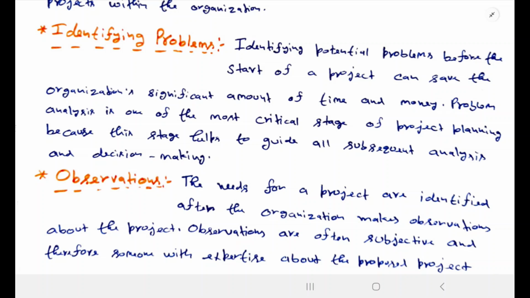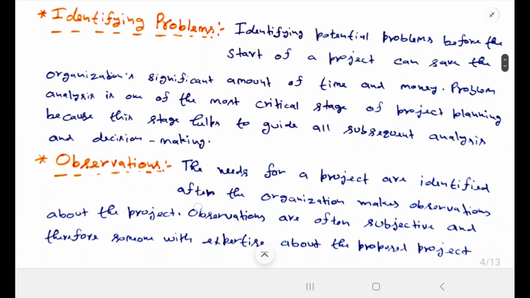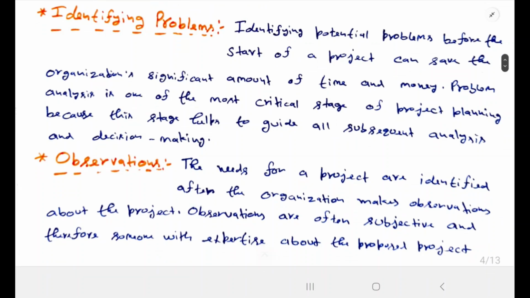Identifying potential problems before the start of a project can save organizations a significant amount of time and money, as if we do not have a clear problem and we start working towards the project, then at any stage we will find that this is not a good process.